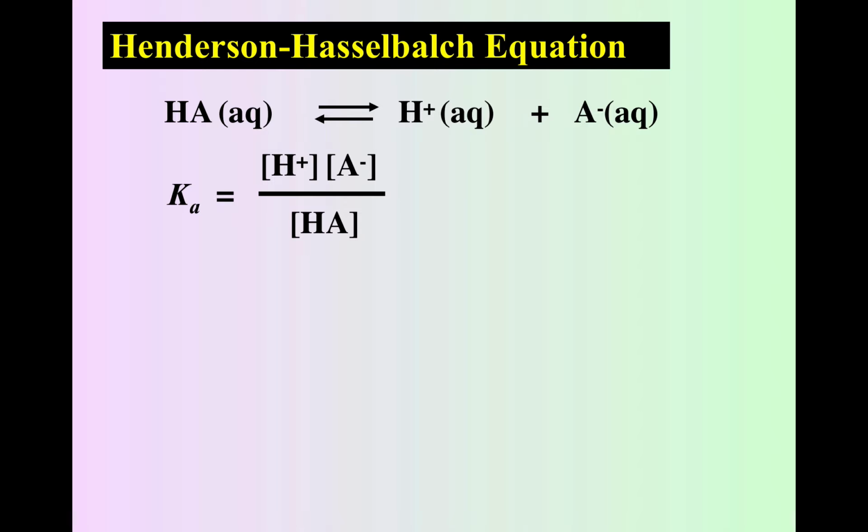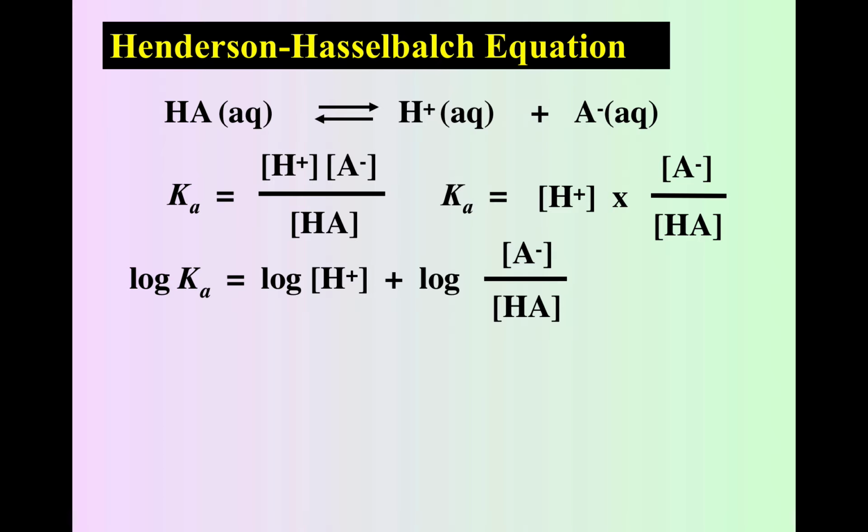the concentration of the products over reactants raised to the stoichiometric coefficients. Multiplying the H plus concentration by the ratio of the conjugate base to the weak acid is the same thing as products over reactants mathematically. If I take the log of both sides, I end up with this expression, right?